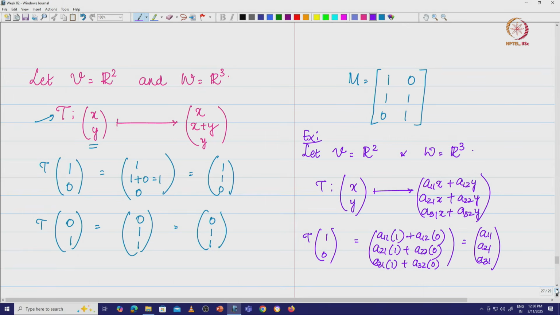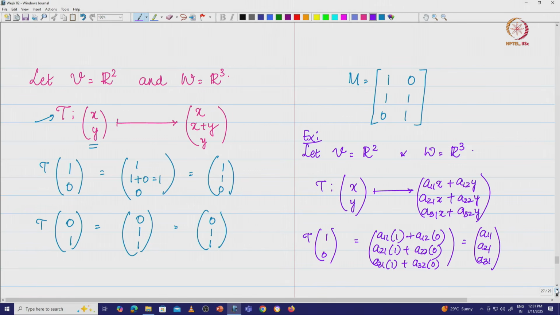Now, if you look at R2, R2 is basically a 2 dimensional space. R3 requires exactly 3 linearly independent vectors to span the entire R3. We saw that in the first week lecture, where we were talking about span and basis, and we said that the number of elements in the basis is going to be the dimension of the vector space that is spanned by the basis.